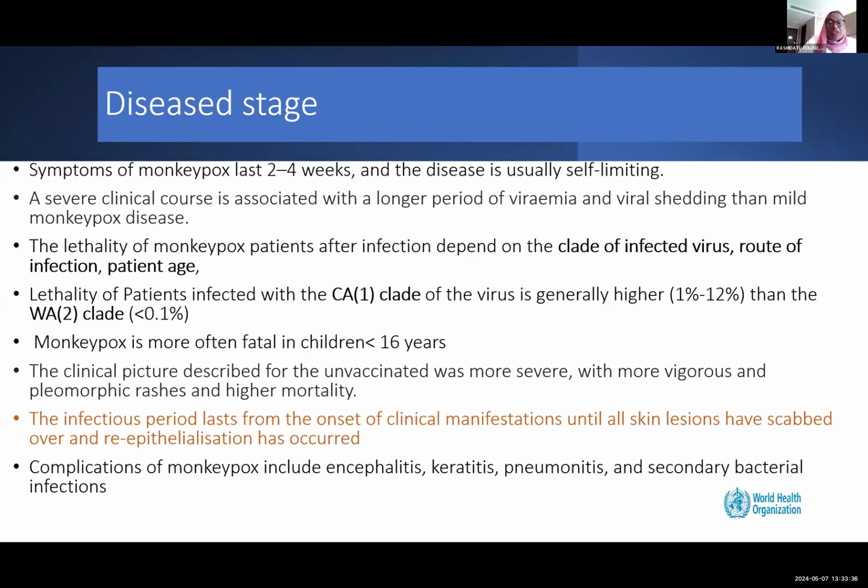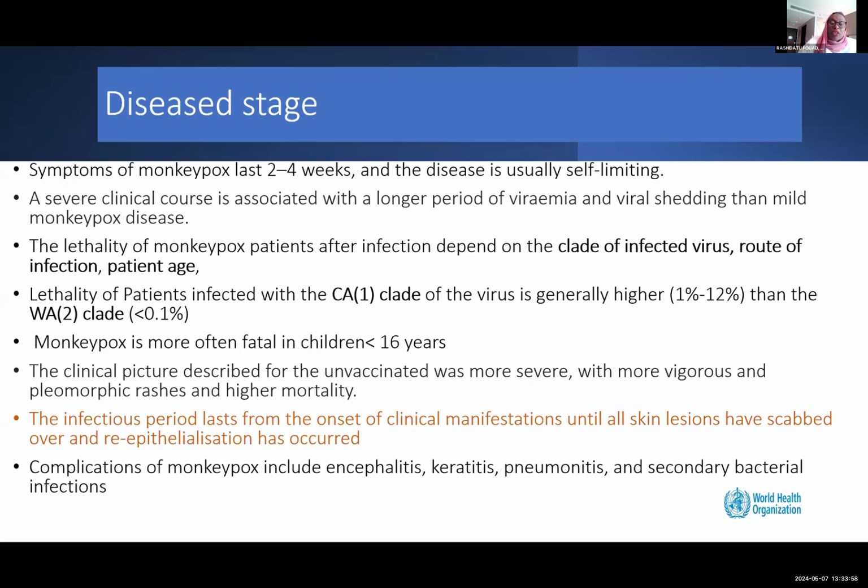Monkeypox, depending on the age, is often fatal in children under 16 years. The clinical picture described for those that are unvaccinated is more severe, and then you can see vigorous and different forms of the rashes, and could also lead to higher mortality.